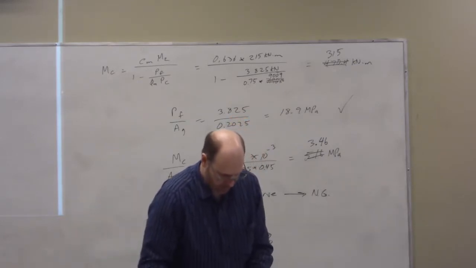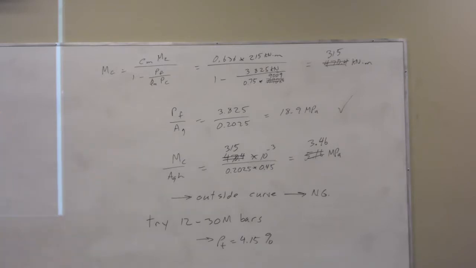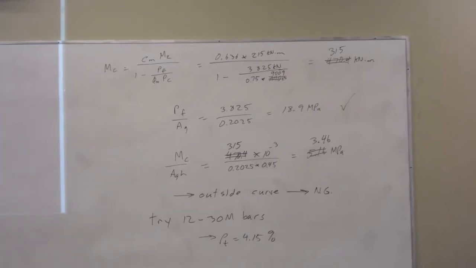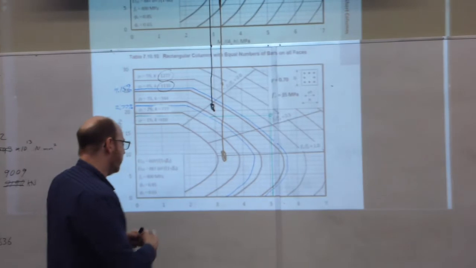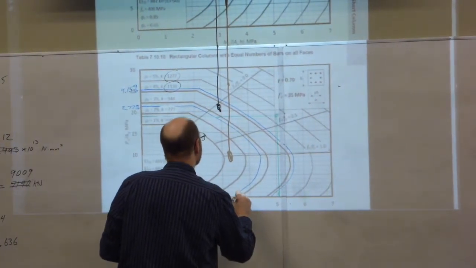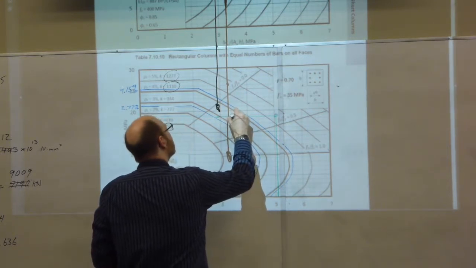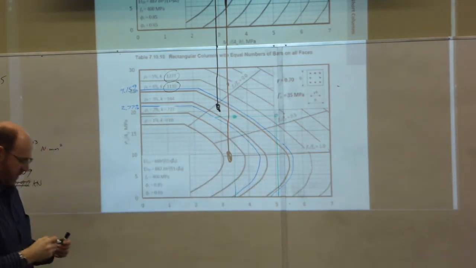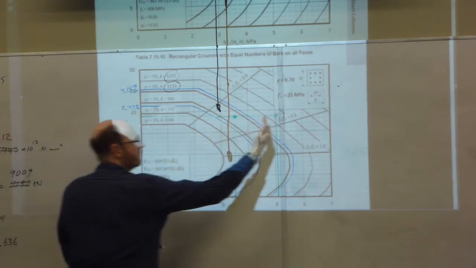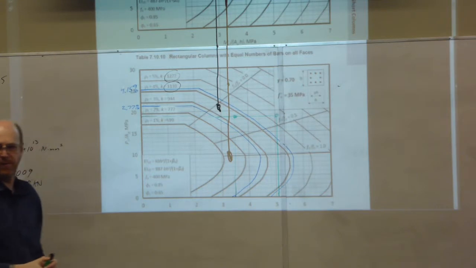So now I'm going to take a look and see, again, our PF over AG hasn't changed. Right? This green line across here still remains the same. But now we're down to 3.46, or somewhere around here. And there's our new point there. So you can see how our point has moved back, and now this point lies inside of our new curve.